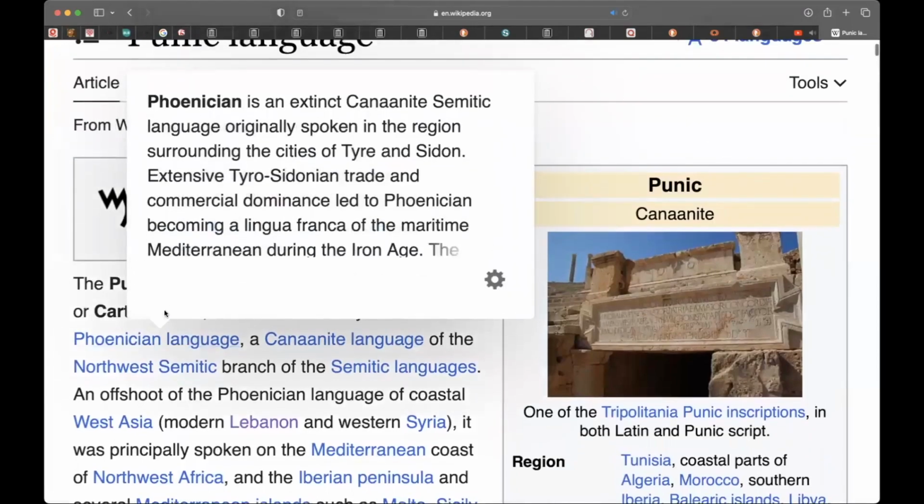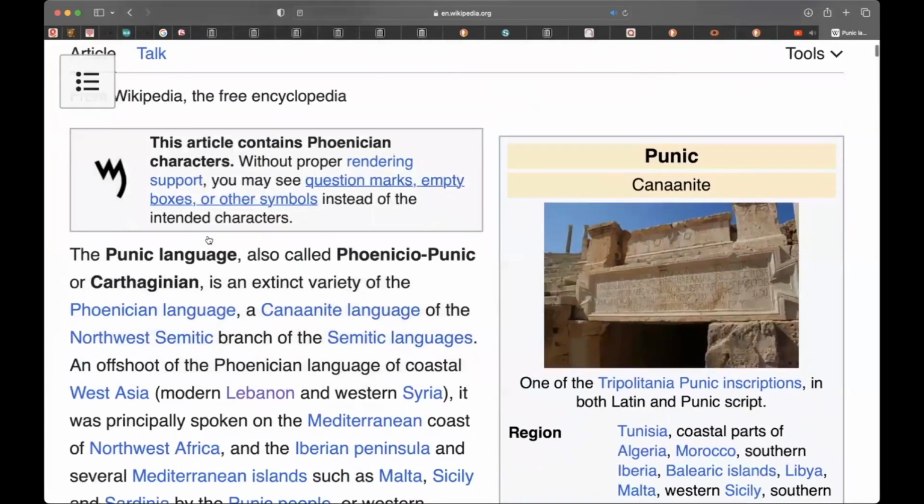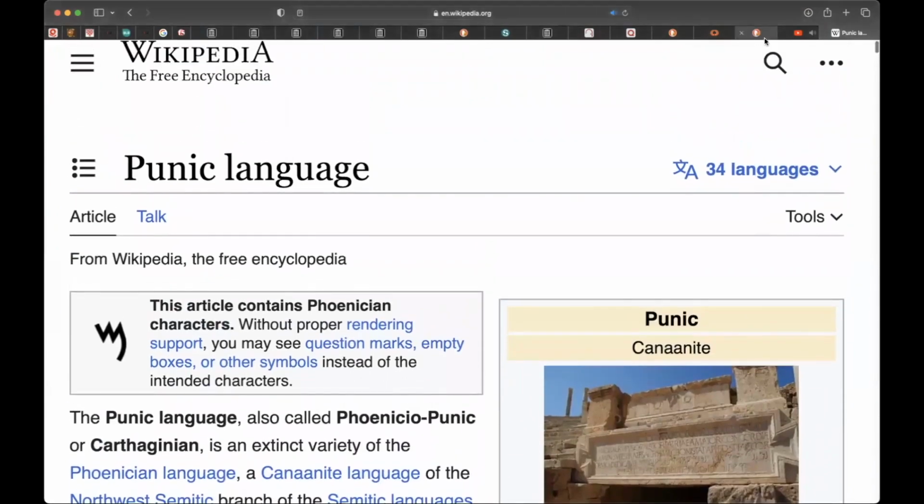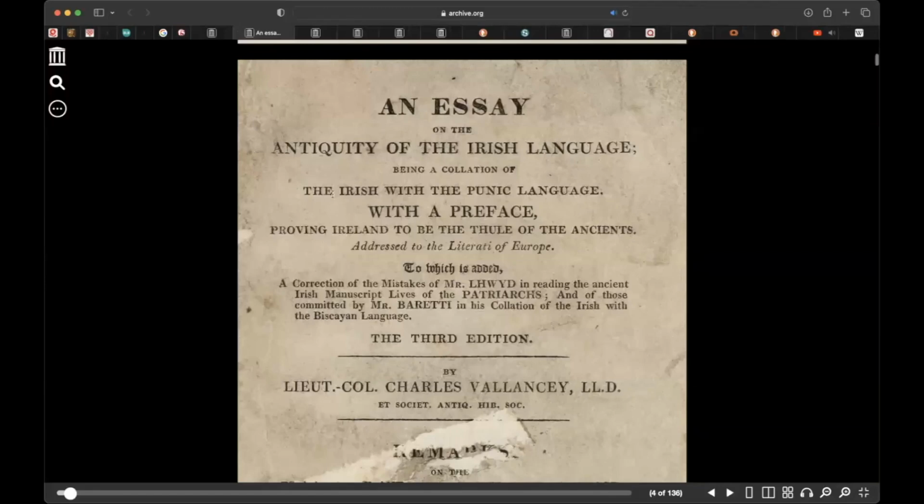Phoenician, it's literally Paleo-Hebrew, Semitic language. So he's saying the Irish, what Irish? The Celtic, Gaelic with the Punic language, with a preface proving Ireland to be the Thule of the ancients. And he's saying this is Thule, addressed to the literati of Europe.